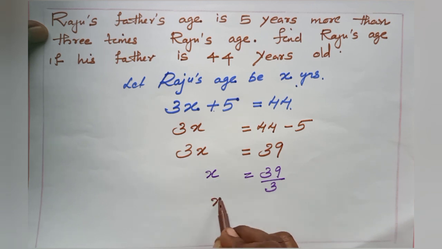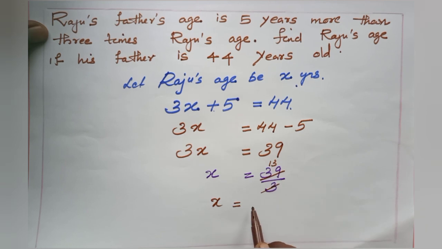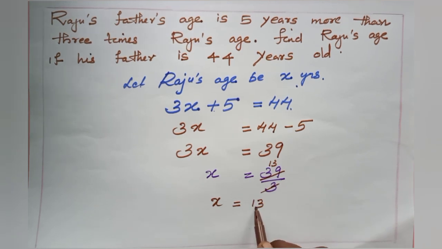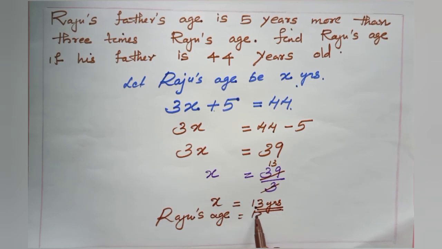By cancellation, 3 3s are 9, 13. So x equals 13 years. Raju's age is 13 years.